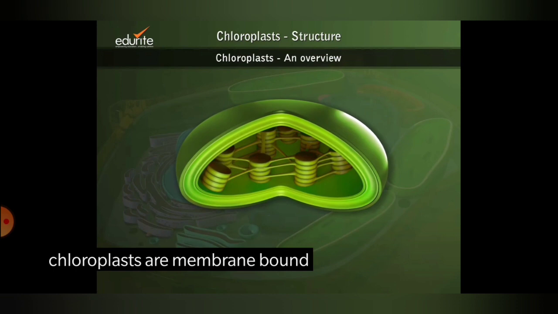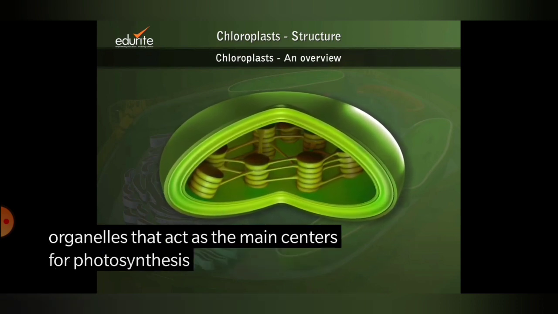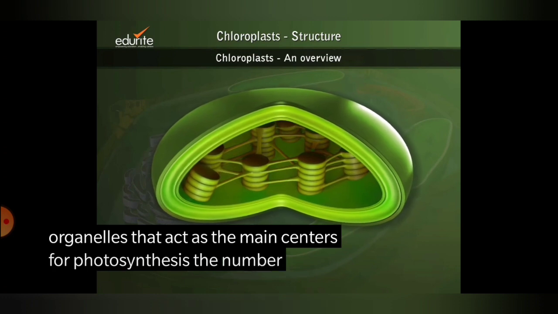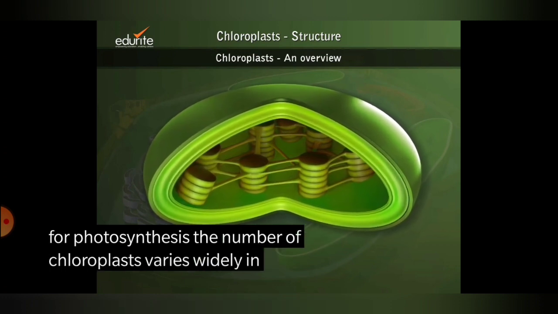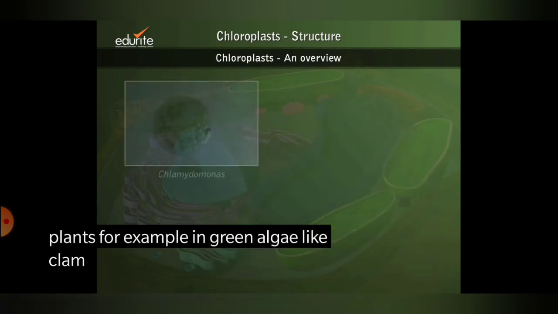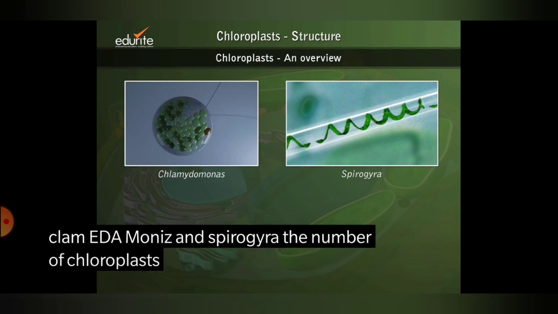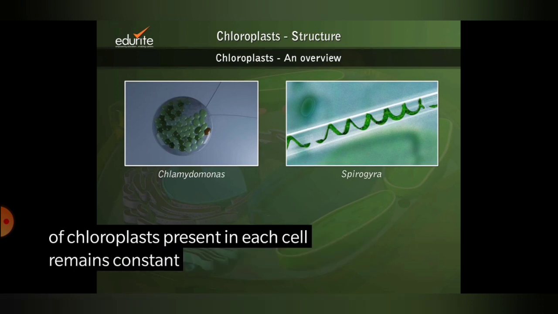Chloroplasts are membrane-bound organelles that act as the main centers for photosynthesis. The number of chloroplasts varies widely in different plants. For example, in green algae like Chlamydomonas and Spirogyra, the number of chloroplasts present in each cell remains constant.